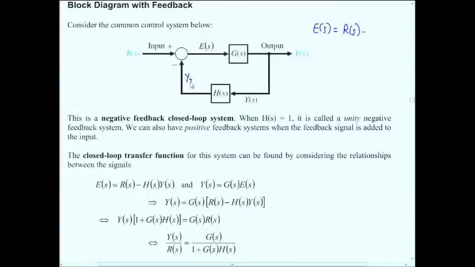Let's call it y2. And that y2 of s is equal to, by definition of the transfer function, H of s times Y of s. And what about Y of s? What's that equal to? Well, it's G of s times E of s.